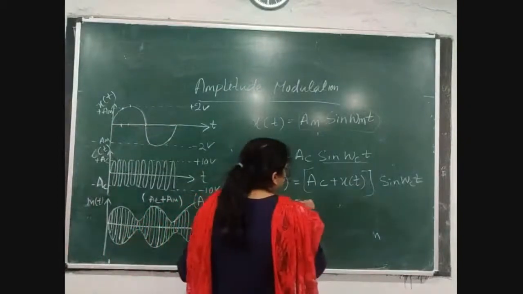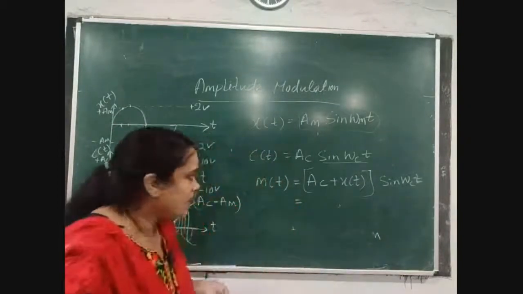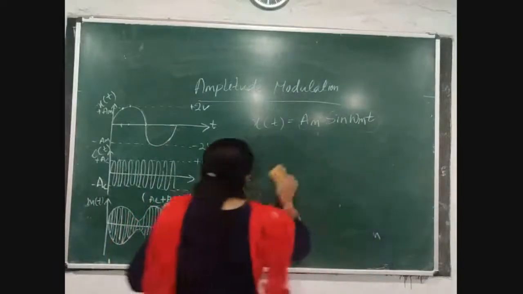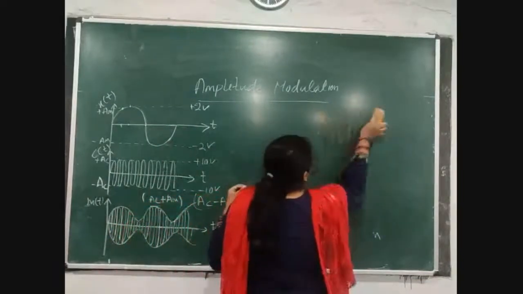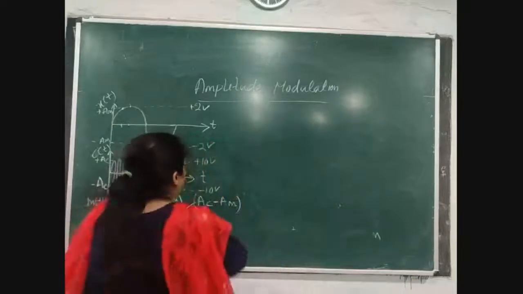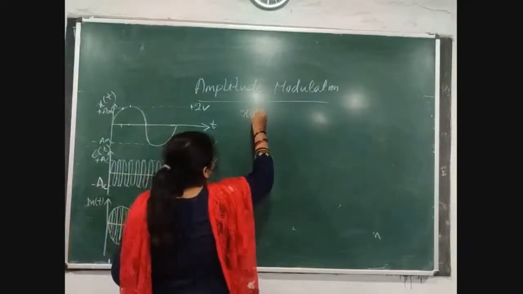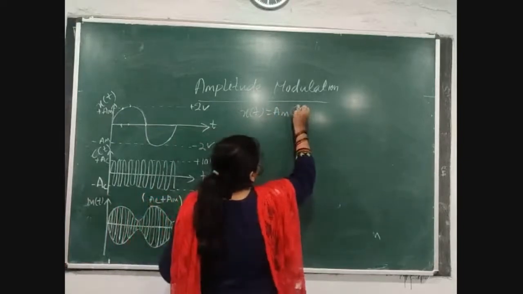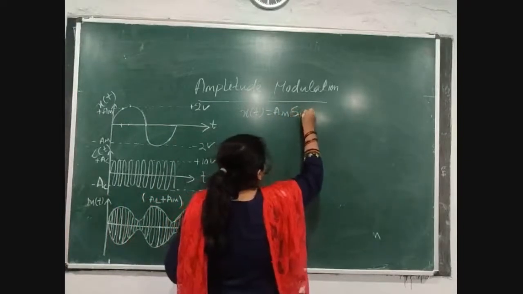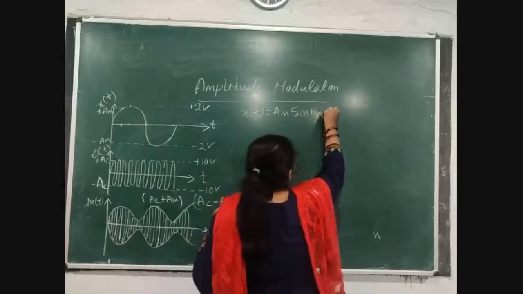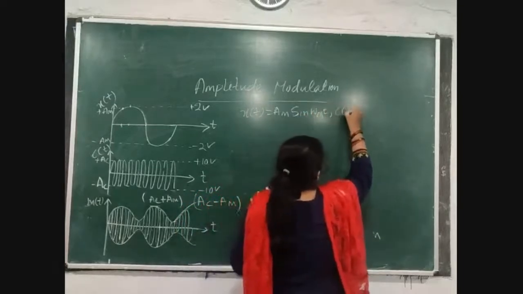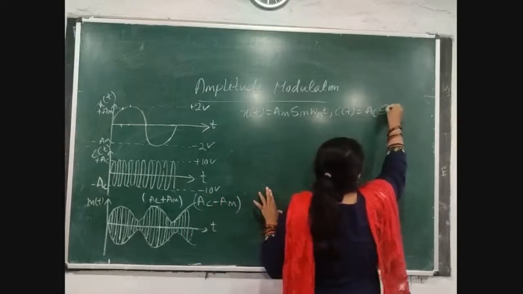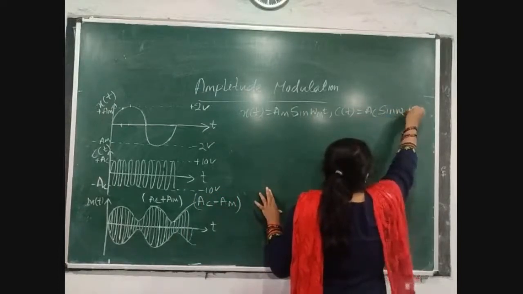Next, let me clean some space first and write here x of t equals AM sin omega mt and c of t equals AC sin omega ct.